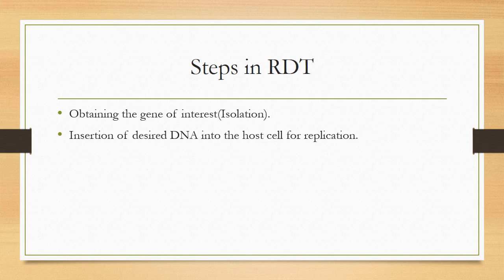We cut the vectors also at their restriction sites, introduce this gene of interest into the vector, and then we insert it, that is, insertion of the desired DNA into the host cell for replication. Most times our host cells are bacterial cells, so we introduce these into the bacteria for replication.